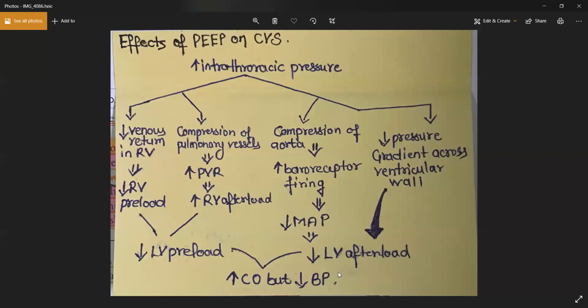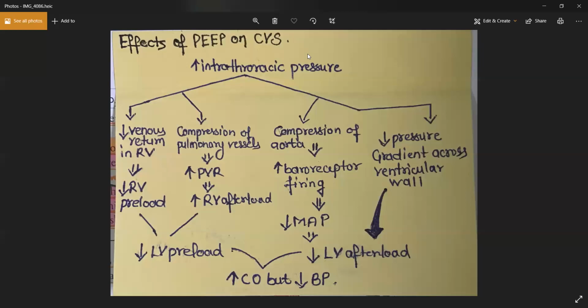Could you repeat this again? See, you need a pressure gradient to flow the blood, right? Because you have a high intrathoracic pressure, the pressure change across the ventricle and the aorta will be decreasing. Because both the heart as well as the aorta are present in the thoracic cavity, if I increase the pressure there, both will be affected, right?